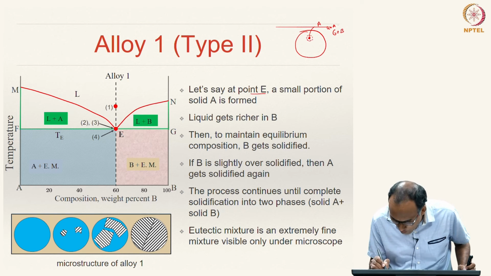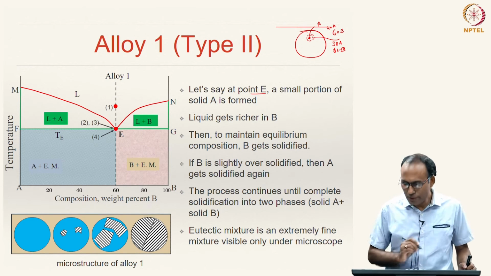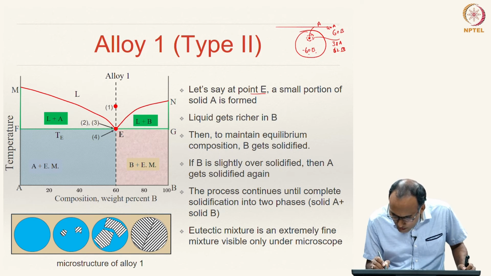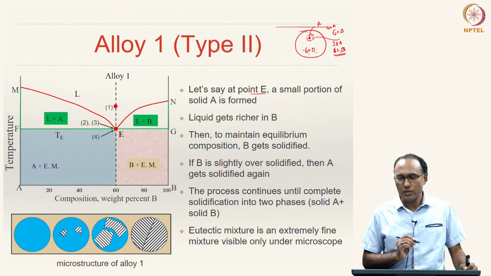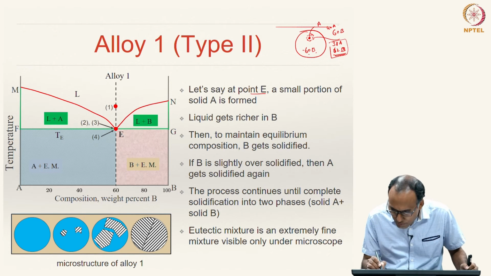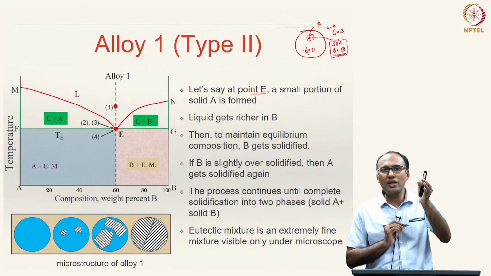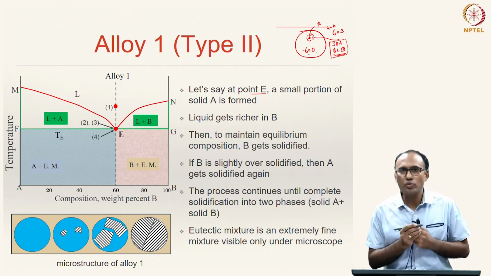So, the surrounding liquid's composition might have changed to 38 A, sorry 62 B. That means everywhere else it is still 60 B, but only the liquid that is surrounding the initial nucleus of A has become rich in B. That means this is not in equilibrium, right, because we have started with a liquid composition having 60 B.